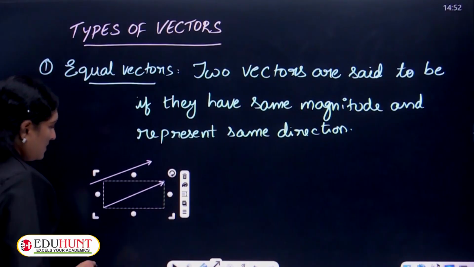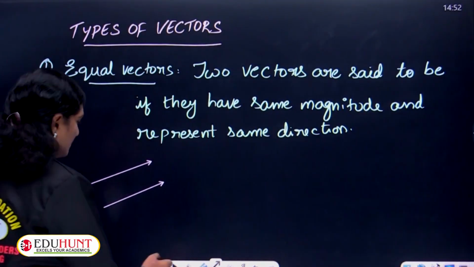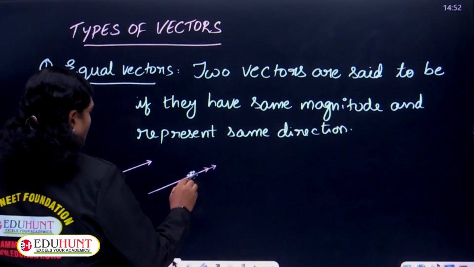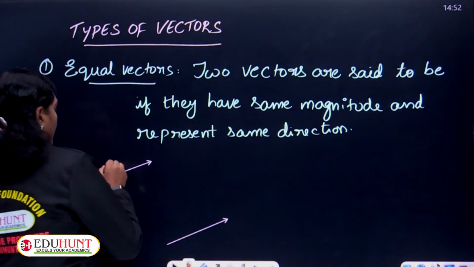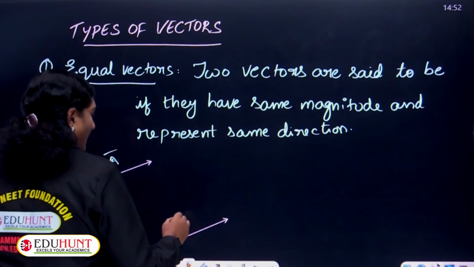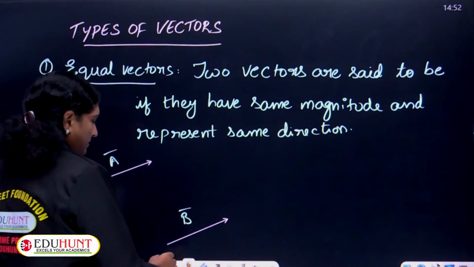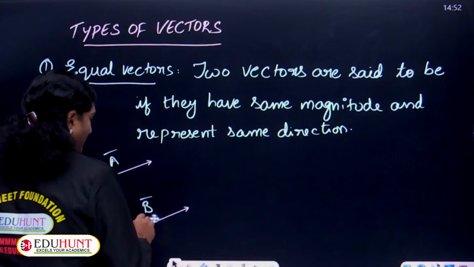Whether the position of the vectors is here, here or wherever, let this be vector A and let this be vector B. You can represent this vector anywhere.